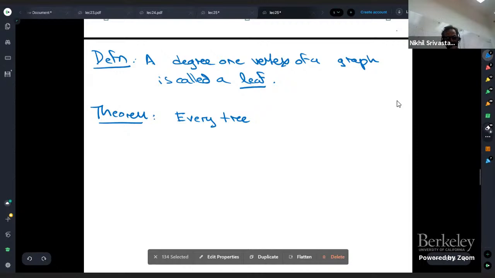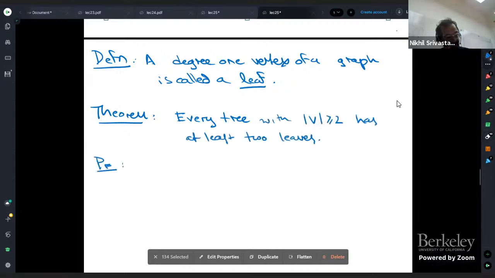Okay, let's see the proof. So first we're going to prove that every tree has at least 1 leaf. Well, you know what? Let's just prove 1 leaf. The time is short. 1 leaf is enough for all the applications.